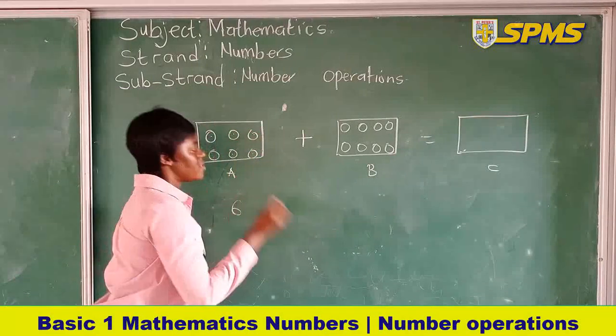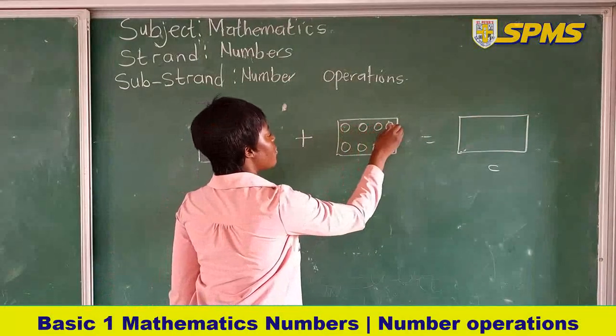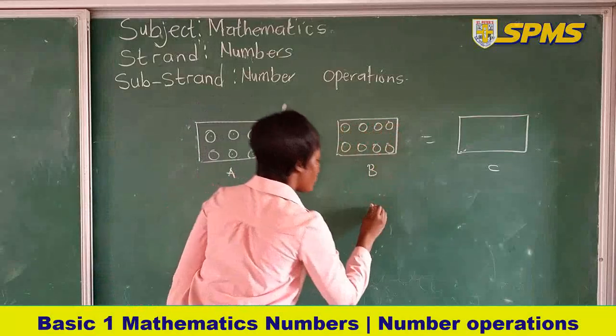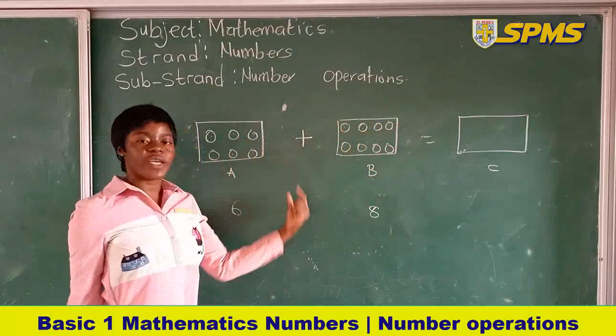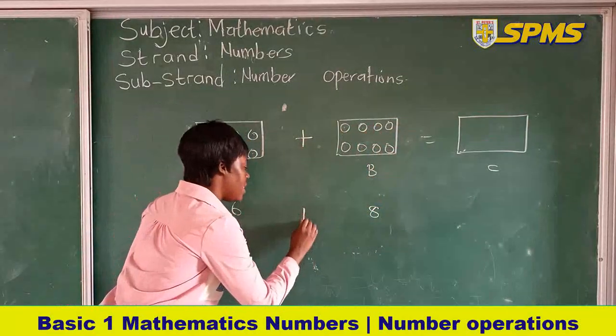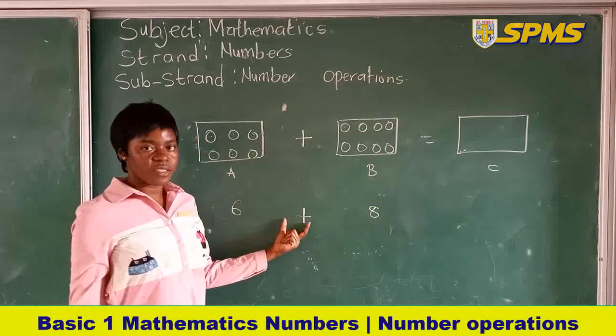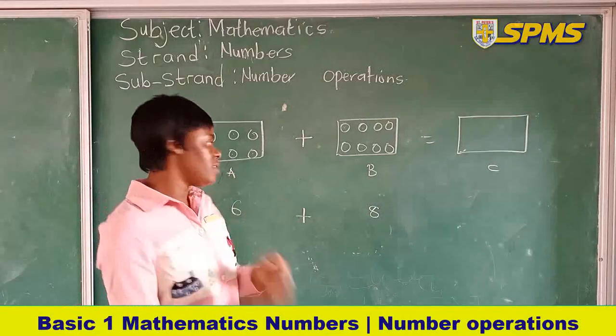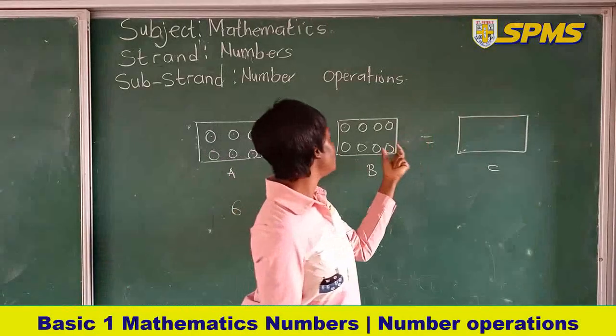You write your 6 here. Then 1, 2, 3, 4, 5, 6, 7, 8. You write your 8 here. Don't forget your operation sign, which is addition. Plus is the same as addition, to put together. Now let's move on.